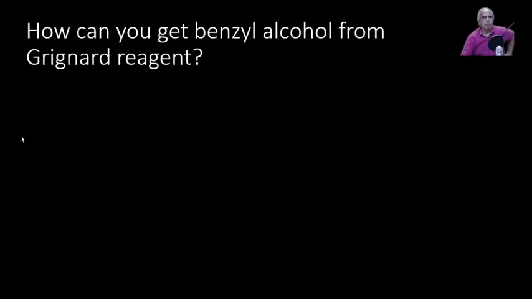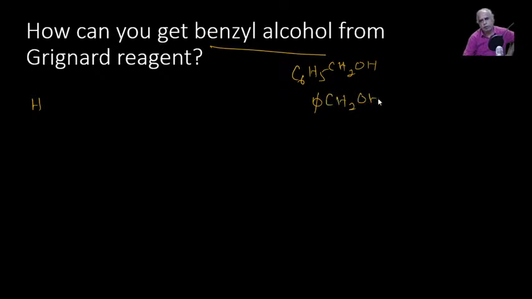So you can start from HCHO, that is the starting compound. For benzyl alcohol, what is the formula? C6H5CH2OH, which is nothing but a primary alcohol, is it not? So this C6H5 can also be represented as phi, so you can simply put phi CH2OH, but you must mention phi is C6H5.